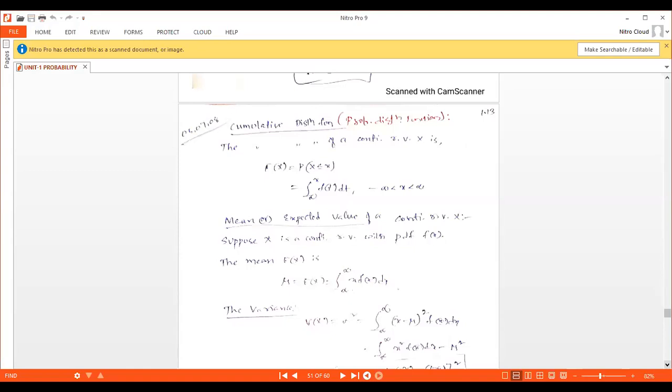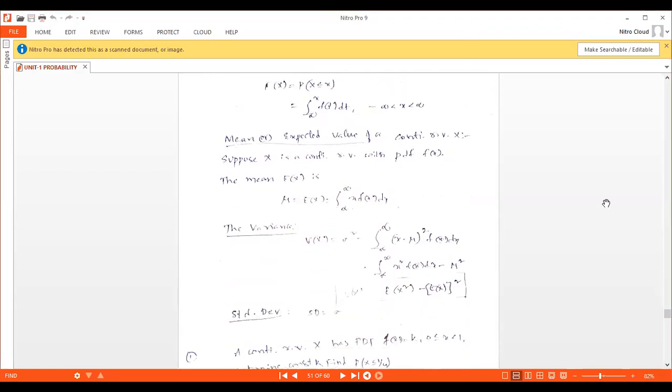So this is called cumulative distribution function. And standard deviation is the square root of variance, that is sigma.